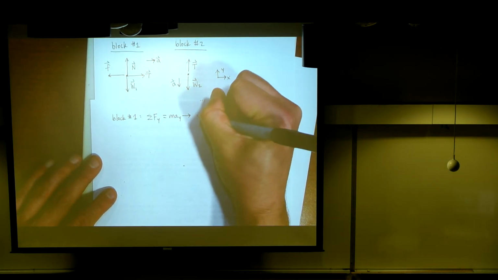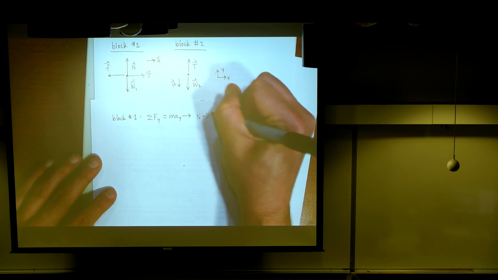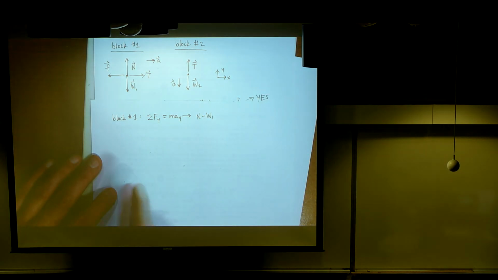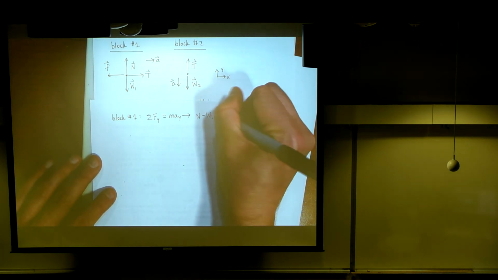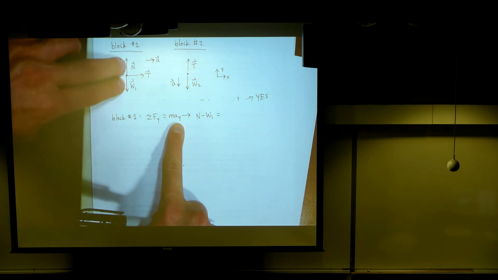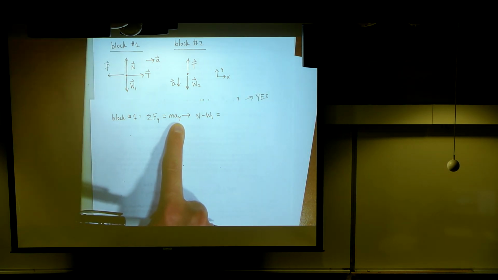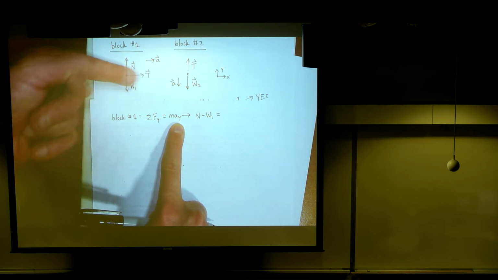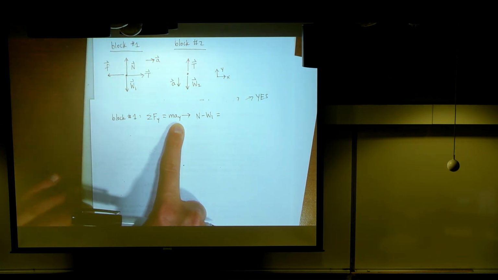So we've got the normal force going up minus the weight of that block, W1, going down. And what is the acceleration in the y direction for this block? It's 0. It's only accelerating in the x direction. There's no y acceleration because it's not coming off the table, right?